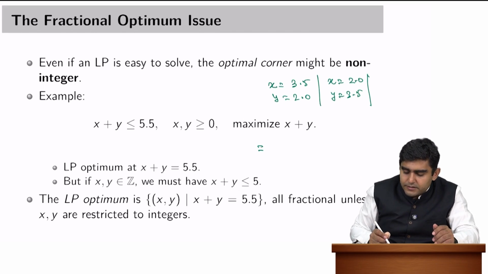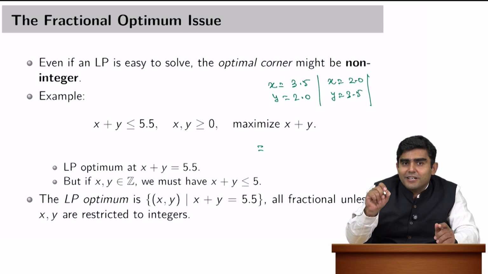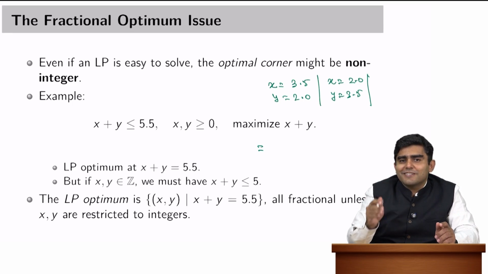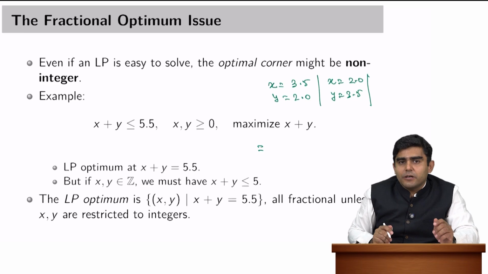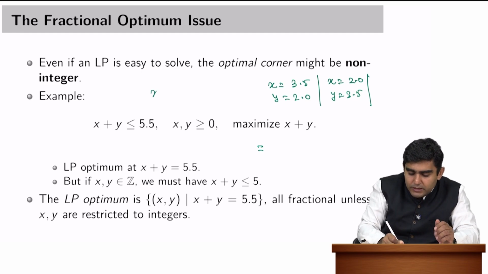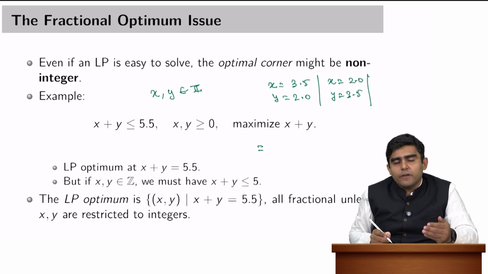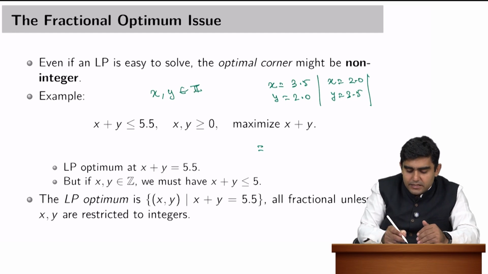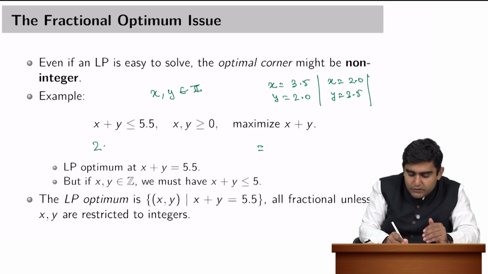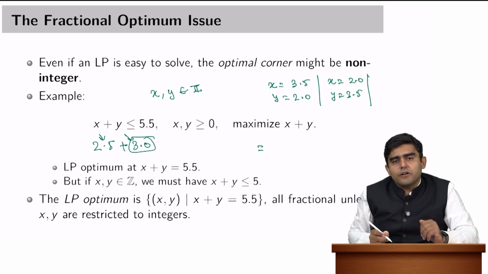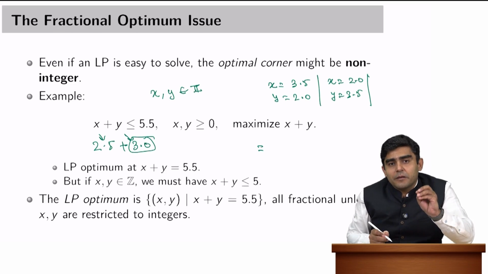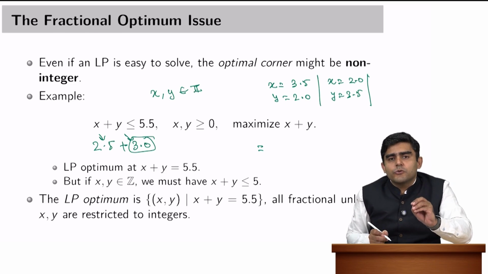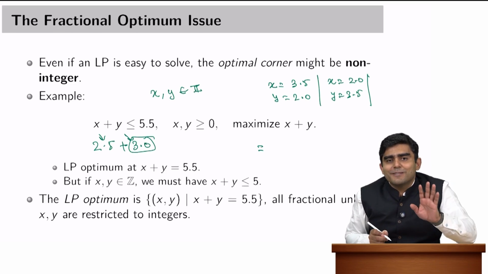Now, the problem here is that if you are exactly on that line, none of the solutions are acceptable if you are talking about integer programming, because both x and y have to be integers. Now, if any of them ceases to be an integer, let us say x is equal to 2.5, y can still be forced to be 3, yes, y is an integer, x is not an integer, but my primal or basic feasible solution is no longer feasible anymore.